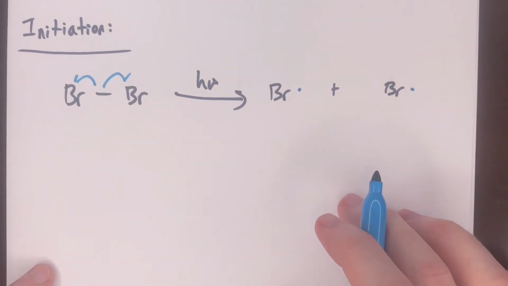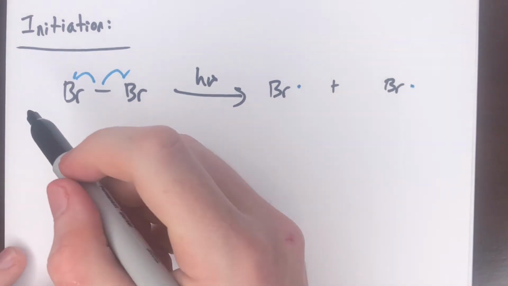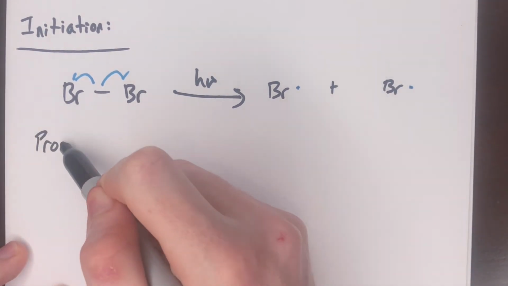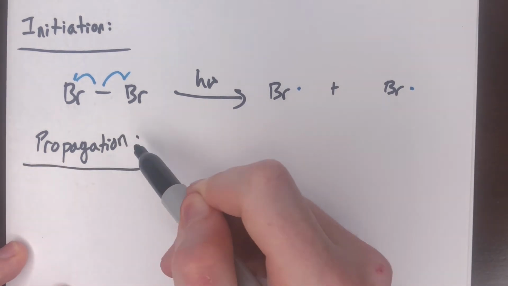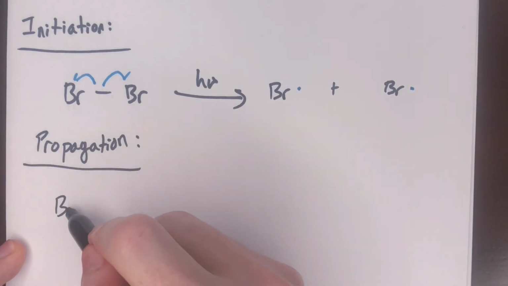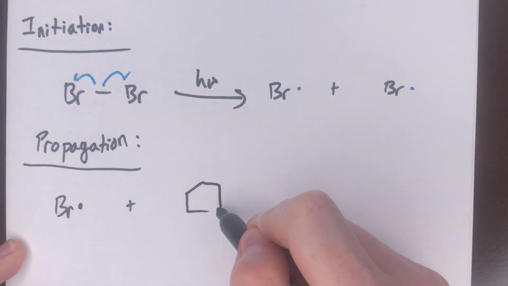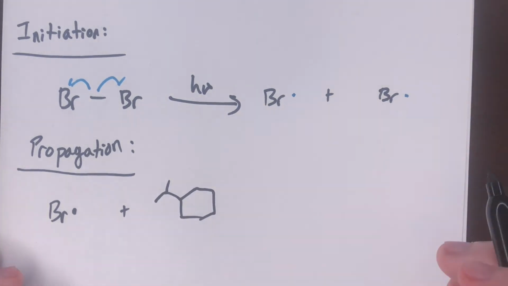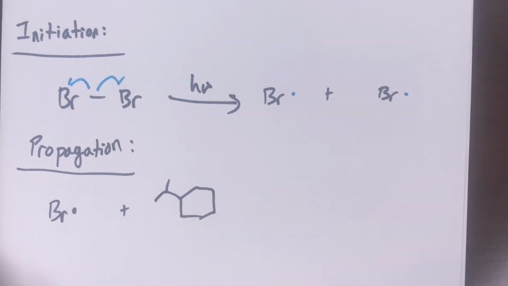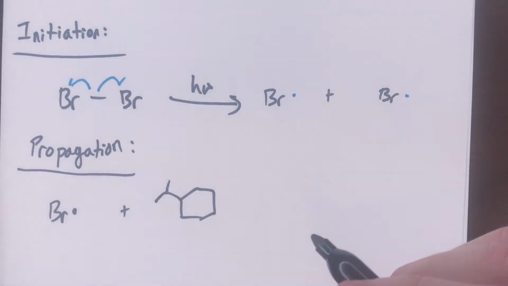So now we have a propagation step with a bromine radical and the alkane. In this case, it's a cycloalkane. So we have Br, that's our radical, and we react that with our cycloalkane. Now we need to consider which carbon-hydrogen bond is the weakest. And there's two that are about equally weak.